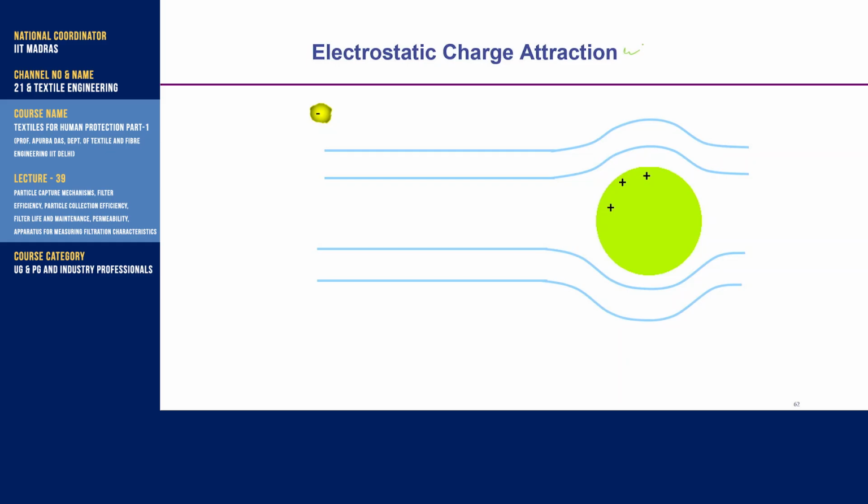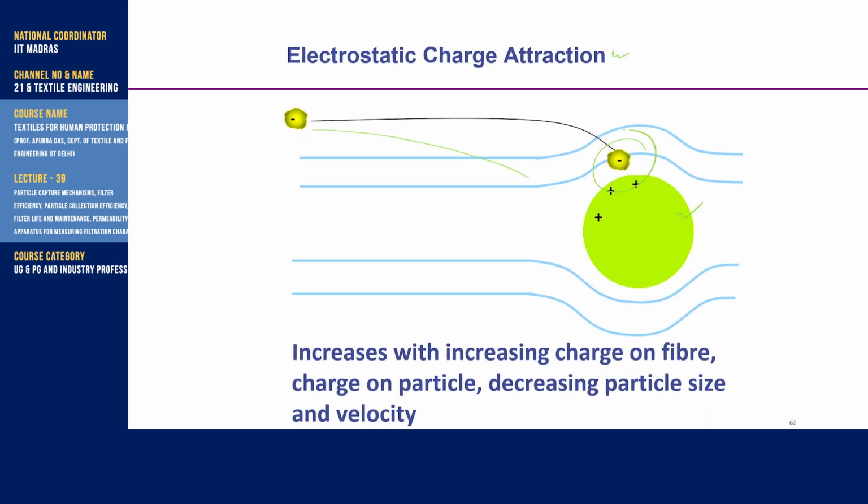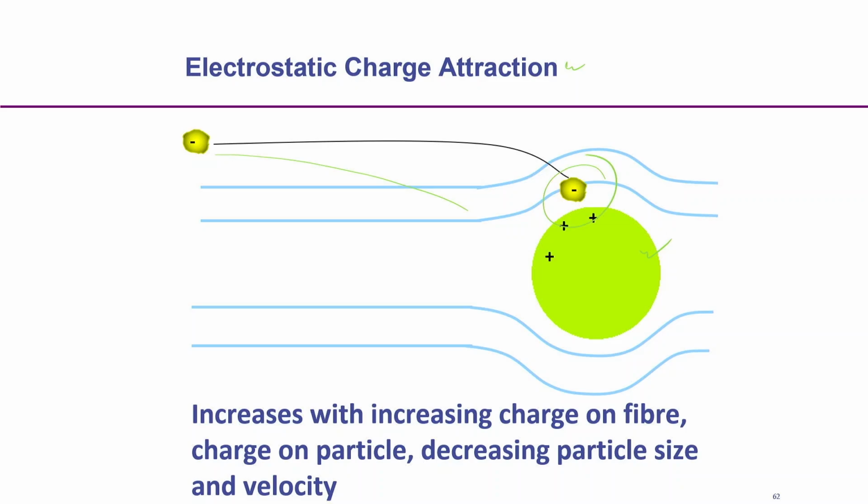electrostatic charge. So, we charge the fiber with positive sign, positive charged fiber, and it will attract the negative charged particle on the surface. Okay. And the effect of electrostatic charge, the attraction, will increase with increasing the charge of the fiber. If we have more charge, there will be more attraction.